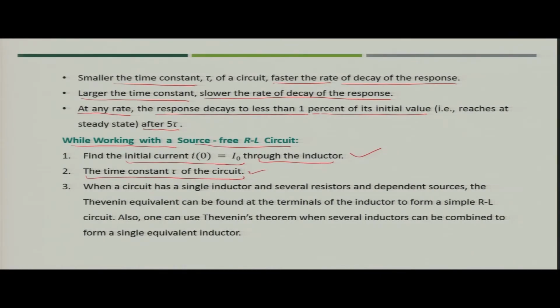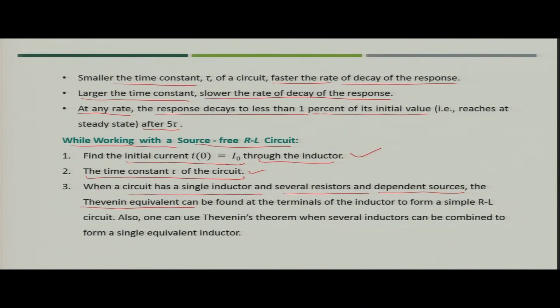Then find the time constant tau of the circuit, and then third, the important thing is that when the circuit has a single inductor and there are several resistors connected, or there may be some dependent sources also, the Thevenin equivalent would be a good option to analyze the circuit.